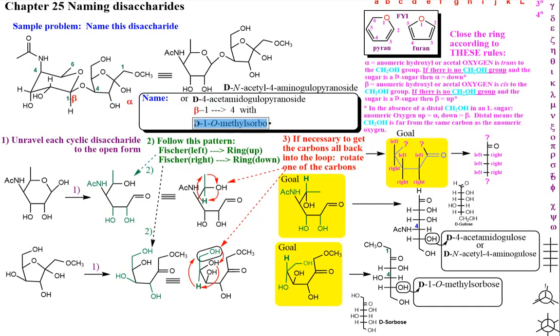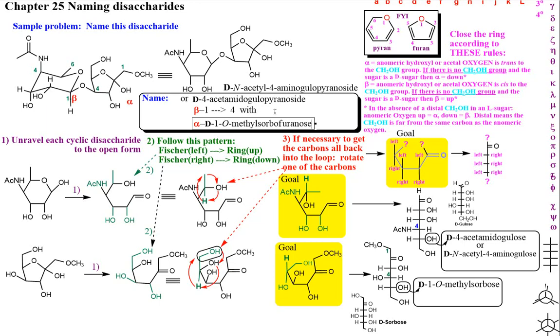The other sugar, alpha sugar, right here, D-1-O-methyl sorbose, and sorbose is a furano, ring size 5, and it is not an acetal, but a hemiacetal. It ends with OSE.